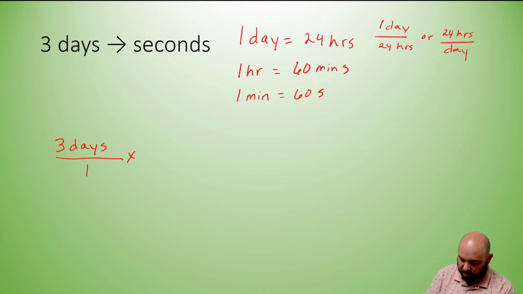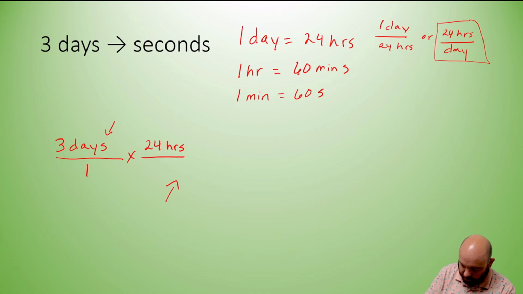And since I'm trying to cancel days in the numerator here, I will try to put days in the denominator here, and that is going to be this conversion factor, 24 hours per day. Now I know when I do the math on this, because I have days in the numerator and days in the denominator, that they will cancel each other out.